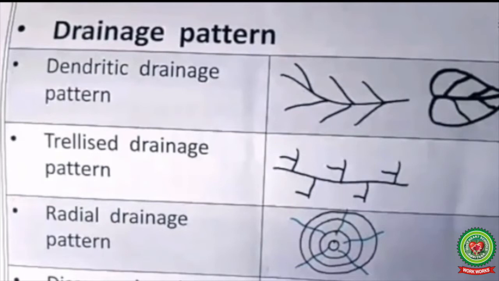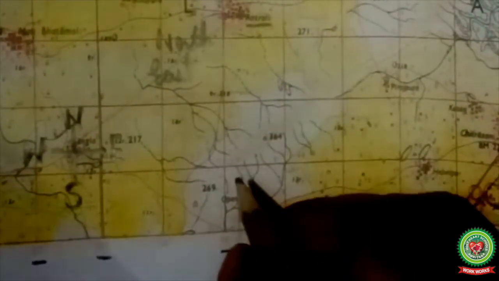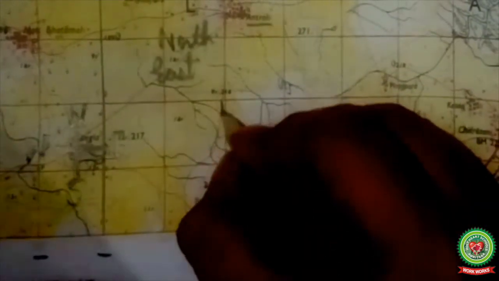For this, open your book on page number 50, topo sheet number 45D7 with the eastings 91 to 01 and northings 73 to 83. Now let us identify the drainage pattern in grid 9574.